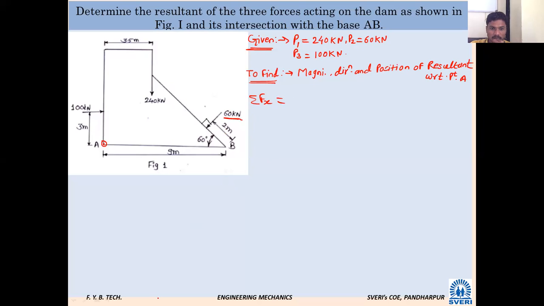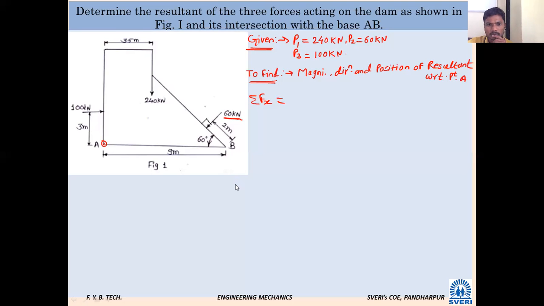So horizontal. No, what horizontal? I want the inclination of that 60 kilonewton force, either with horizontal or vertical. How can I find it from the given data? Because it is necessary to find, no?